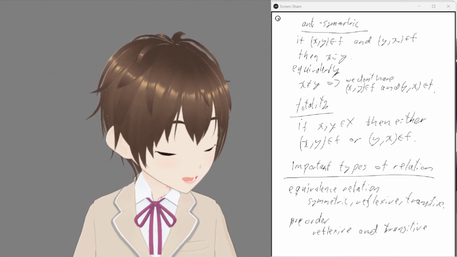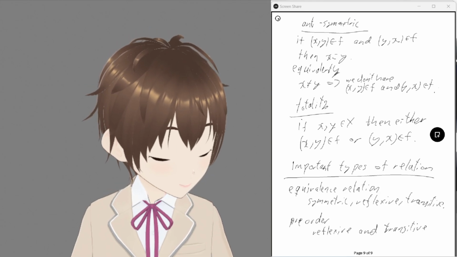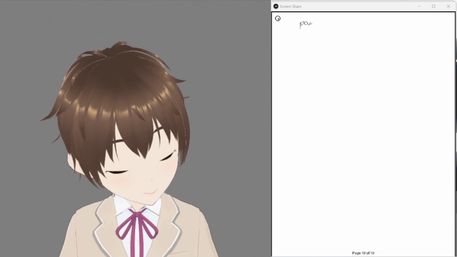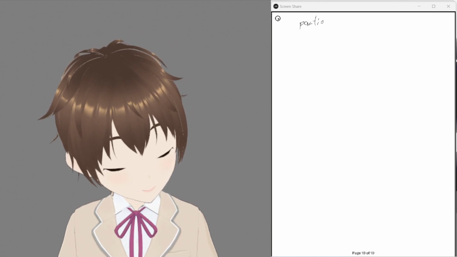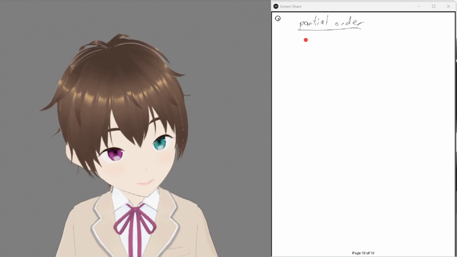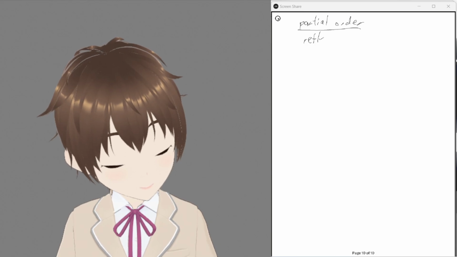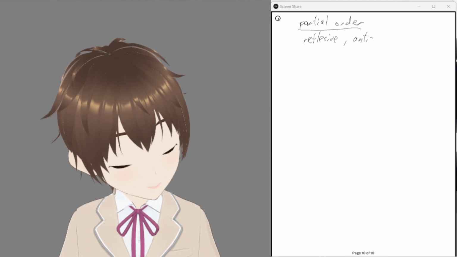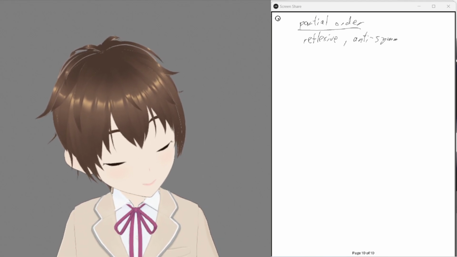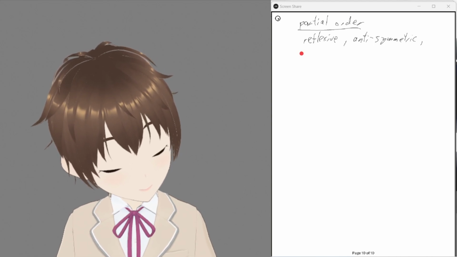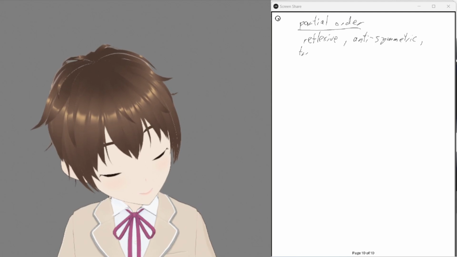And then a partial order. Partial order. This is reflexive, anti-symmetric, and transitive.